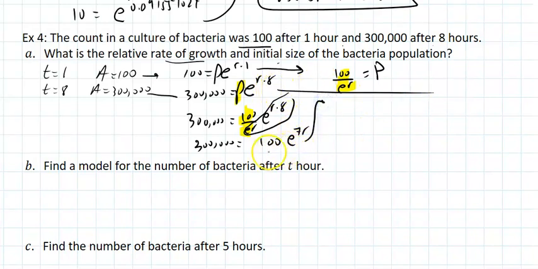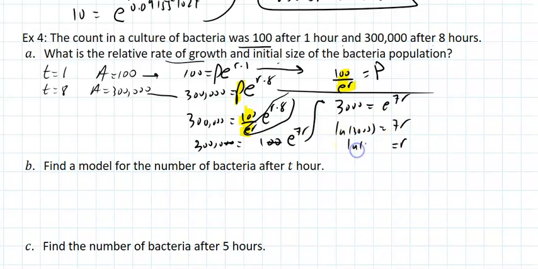If I isolate the exponential by itself, divide by 100 both sides, I'll get 3,000 equals e to the 7R. Natural log of 3,000 equals 7R.